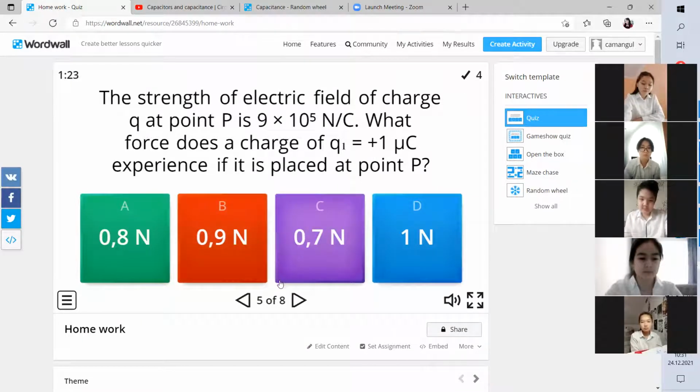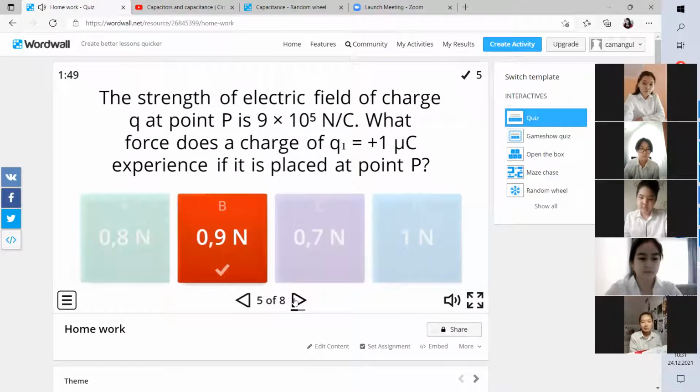The strength of electric field of charge Q at point P is 9 times 10 to the power of 5 ampere C. What force does charge of Q first equals +1 experience if it's placed at point P? Answer B. Yes, it is right.